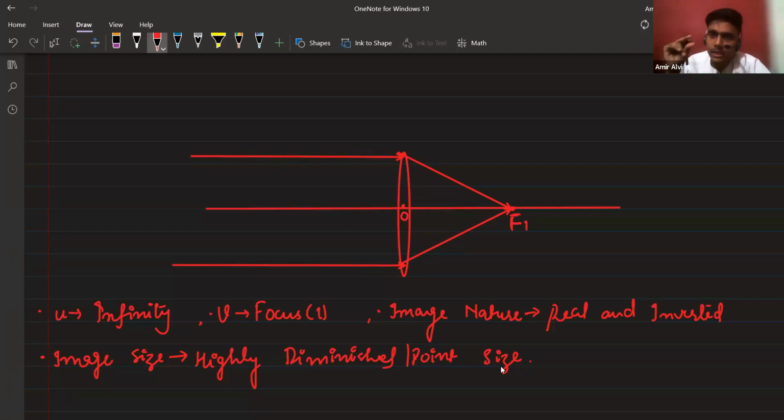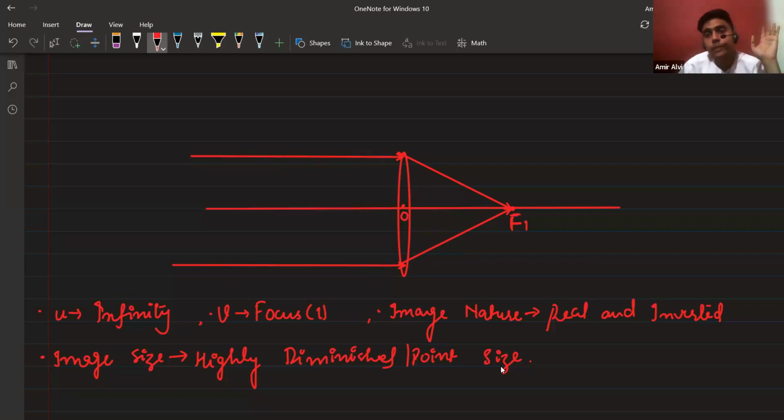When you focus on something, it would be a point-like image, yes or no? A very small image of sun rays converging at focus. So that's the real life example of rays coming from infinity.